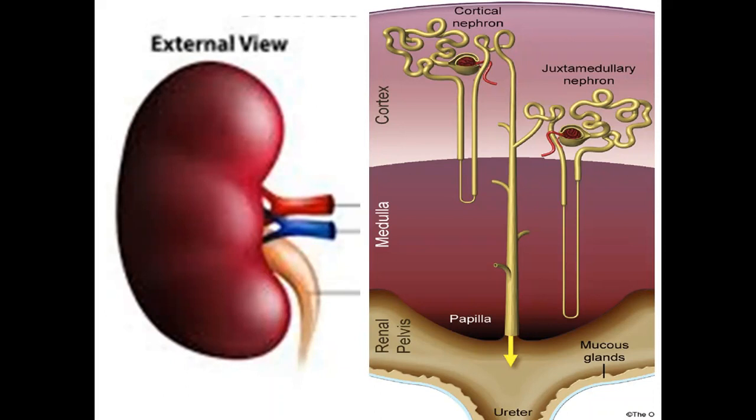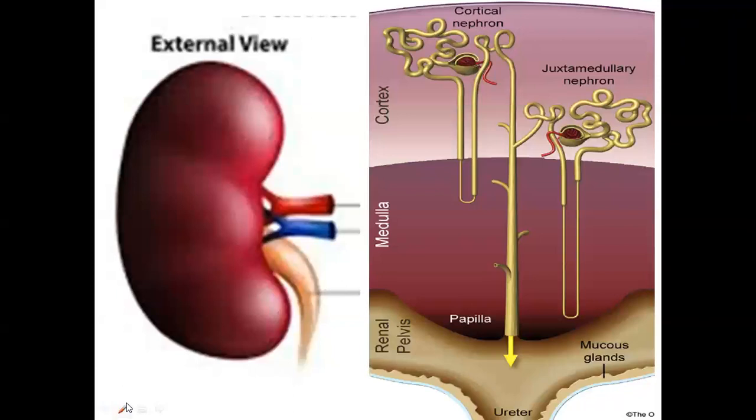We have already studied that there are two types of nephron in our kidney. One is cortical nephron and another is juxtamedullary nephron. As you can see in this figure, cortical nephrons are short nephrons and they have very short Henle's loop.